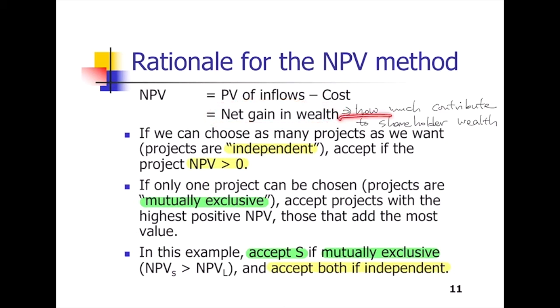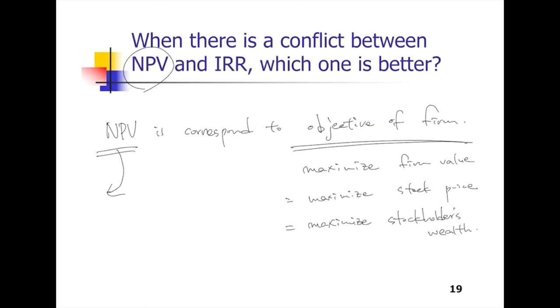So how much it contributes to the shareholders' wealth, right? So it corresponds to the objective of the firm. So we can write this is net gain in wealth.